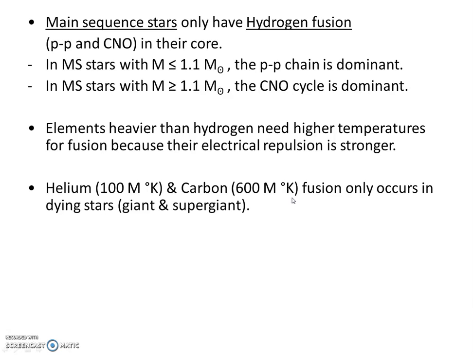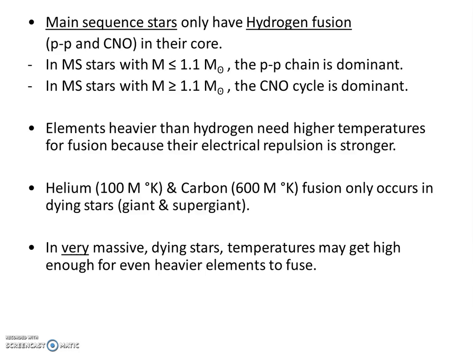However, those temperatures can occur in dying stars, giant and supergiant stars, as we will see in a little while. In very massive giant and supergiant stars that are in their sort of death throes, you could get temperatures high enough for even heavier elements than that to fuse. Silicon, oxygen, things of that nature.